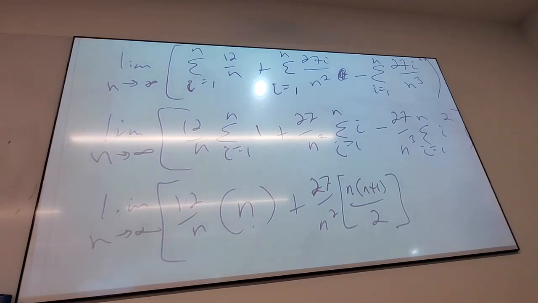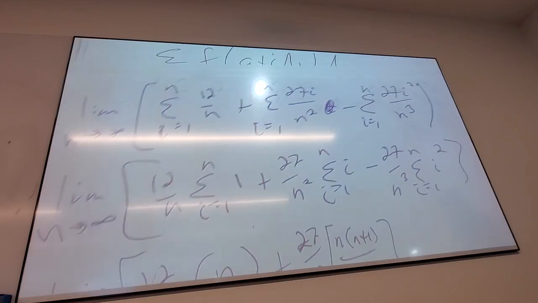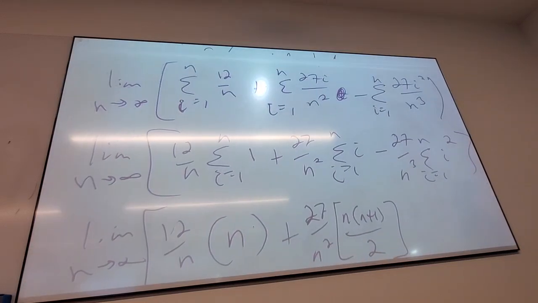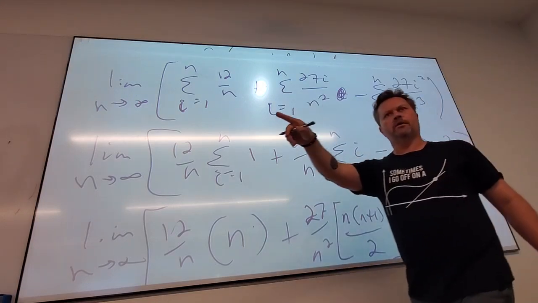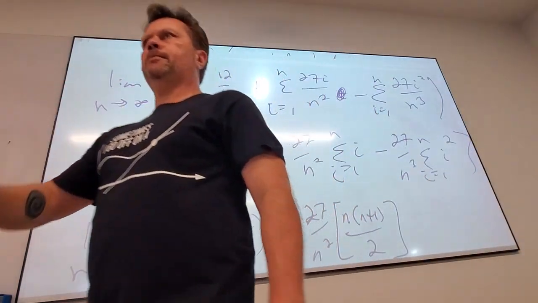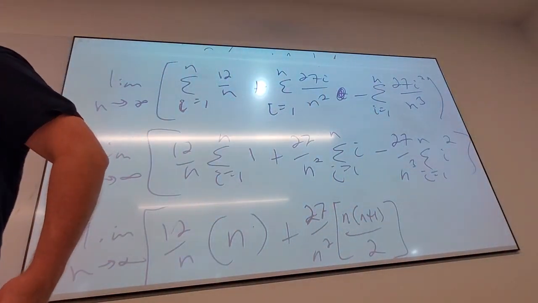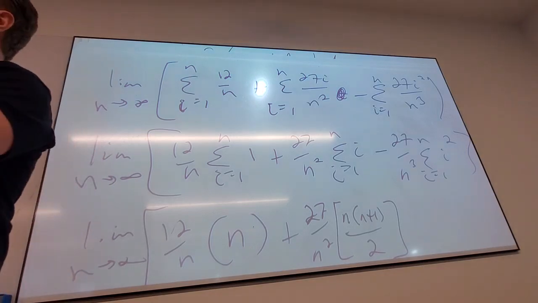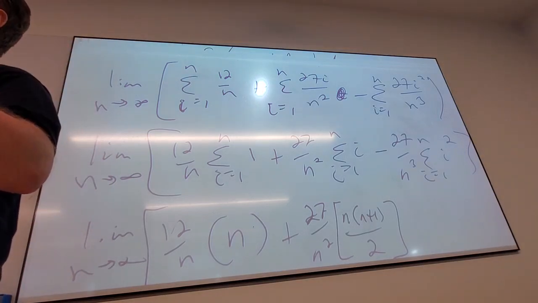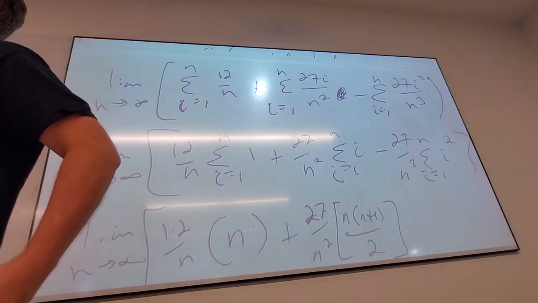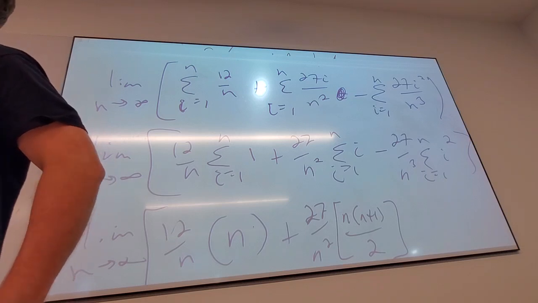Remind me where the N and the other one came from again? 12 over N, and then it has the N right there. Where did it come from? Just real quick, if I had a list of 12 ones, what will that add up to be? 12. If I have 38 ones adding, 38.